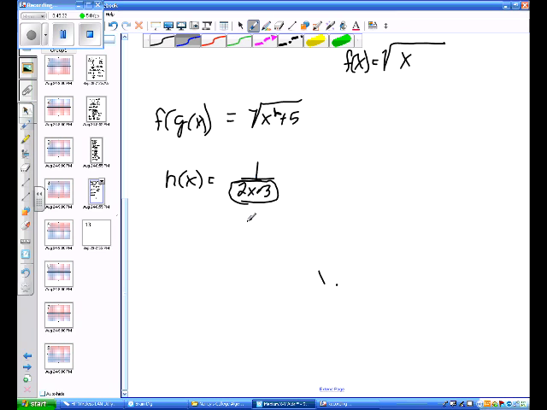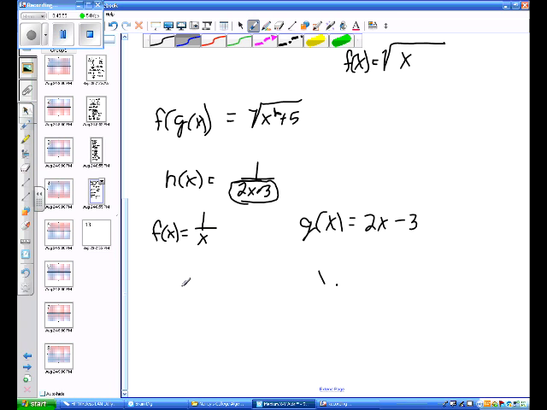And so that would be your g of x. That's what we're substituting in. So our g of x would have to be 2x minus 3. Now, when we substituted it in, we put it underneath the fraction, so that meant that f of x would have to be 1 over x.